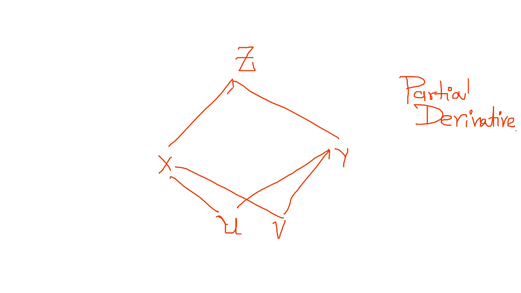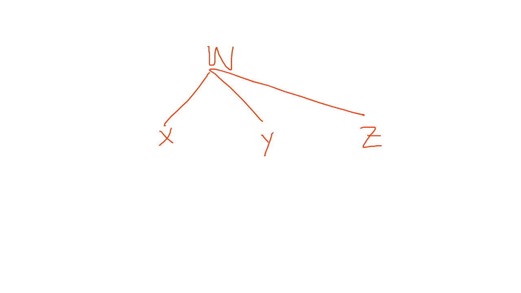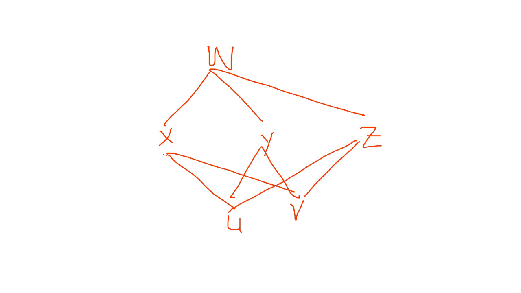Another one: if you have w as a function of x, y, and z, and x is a function of u and v, then y is a function of u and v, and z is a function of u and v.